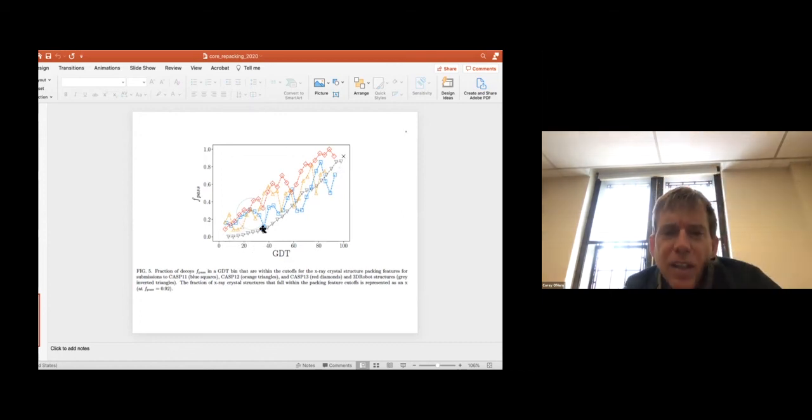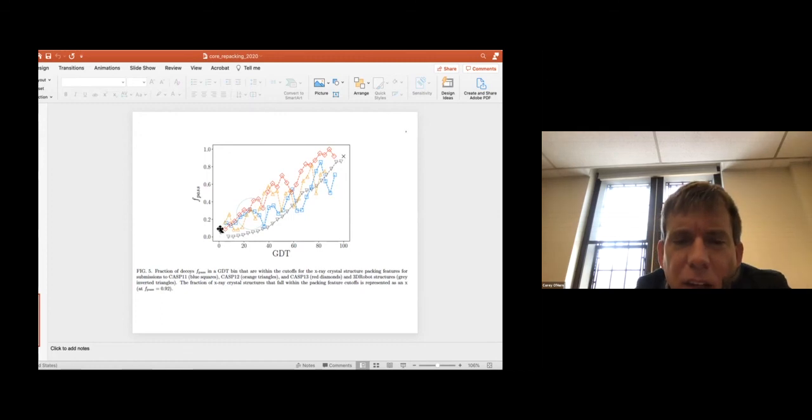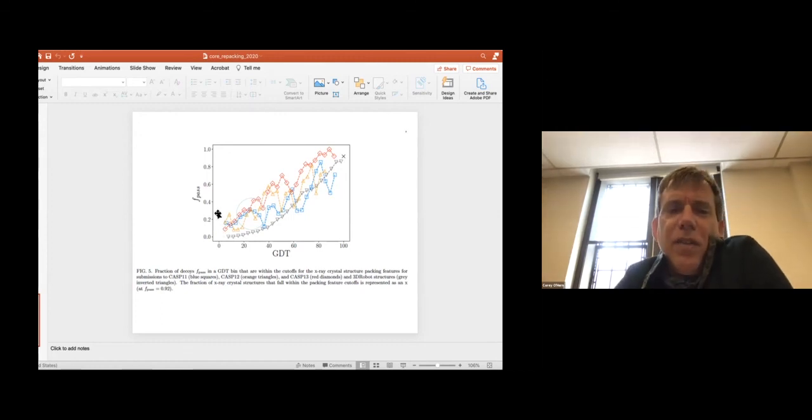And so what you see is that if 100% of your structures pass those filters, then you get a very high average GDT, whereas if you don't, you get a very low GDT. So this is encouraging that it looks like we can do a very simple classification to identify decoys just by looking at the core residues.